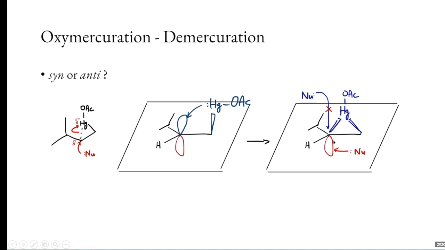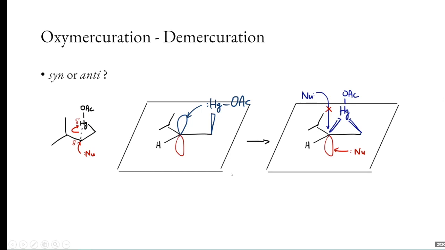It will create an anti-addition because the mercury ion is on this side, and the nucleophile will attack from the other side. And in the process that removes the mercury, there's no conformational change, so it stays an anti-addition. So yay, we got it.